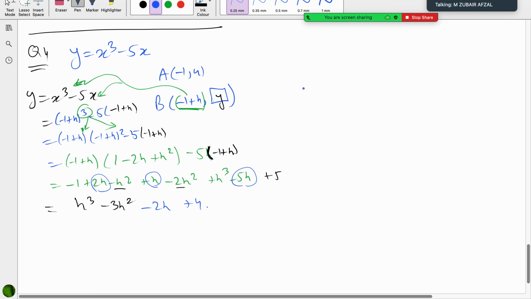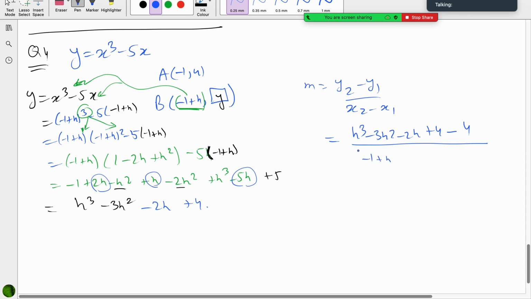Now gradient is y2 minus y1 over x2 minus x1. So taking B as the second point and A as the first point, y2 is h cube minus 3h square minus 2h plus 4 minus y1, over x2 minus x1, and then simplifying.